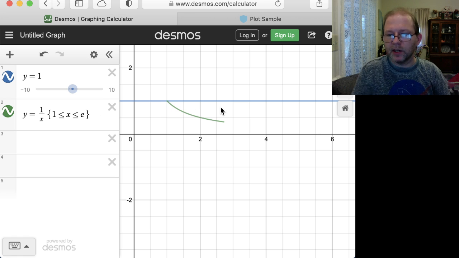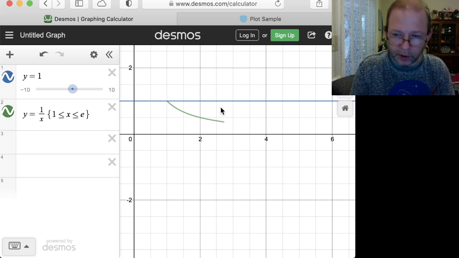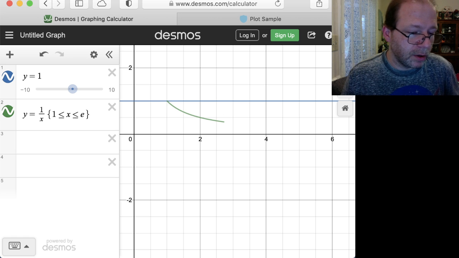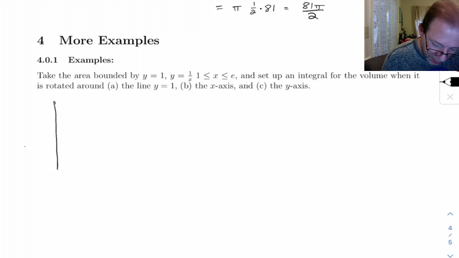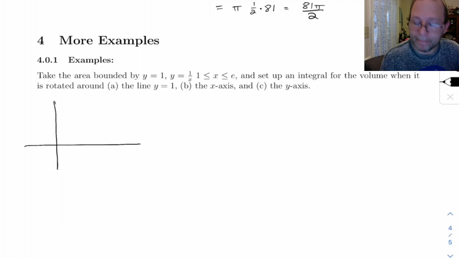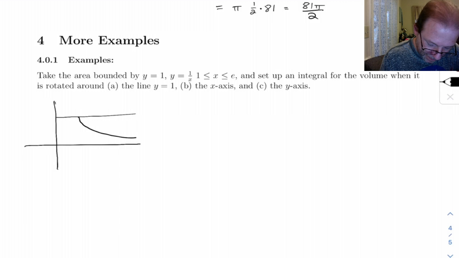So I'm going to make a copy of this here. We're starting off with this area. We're taking that area there.